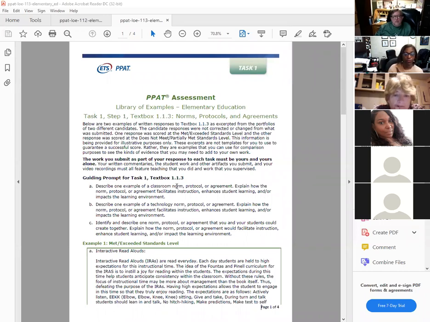You have a classroom norm, you have a technology norm, and then you are to identify and describe one norm, protocol, or agreement that you and your students could create together. That's that agreement. Even though you may not have students, and we don't have to write, you could think in your mind what would be a good example of us, meaning the teacher and the students, working together to come up with a rule.